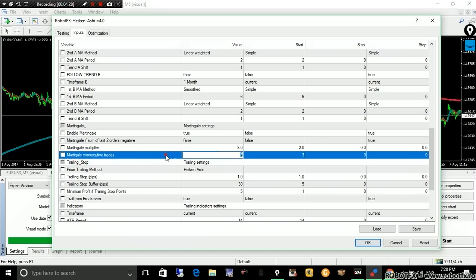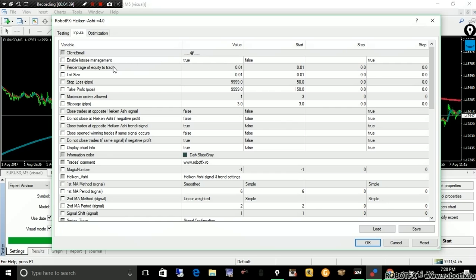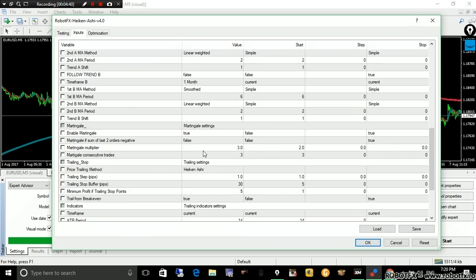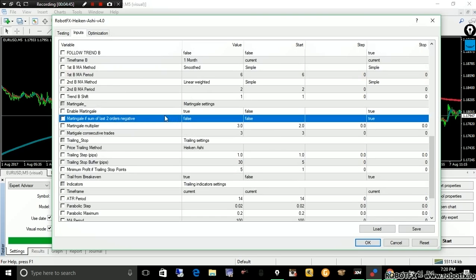That means that I allow only 3 losing trades in a row to have their lot size increased, multiplied. After that, the Expert Advisor will resume with the lot size as a percentage of the equity. And I'm increasing the lot size only if the previous order was a loss.